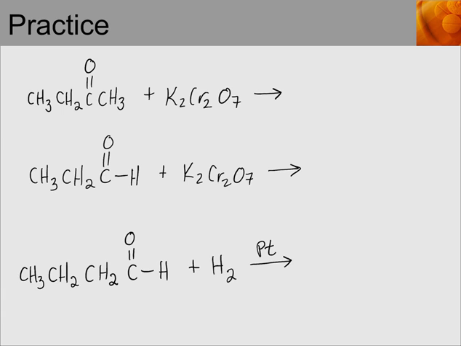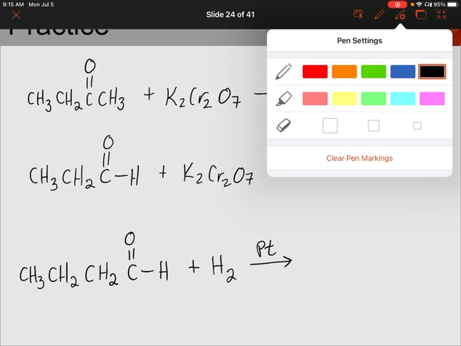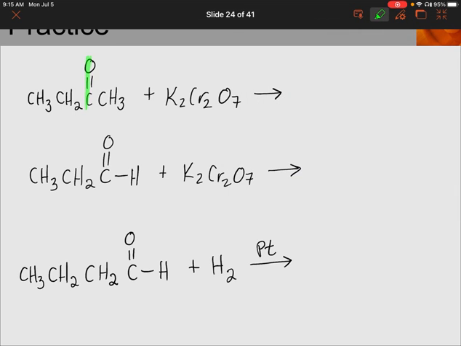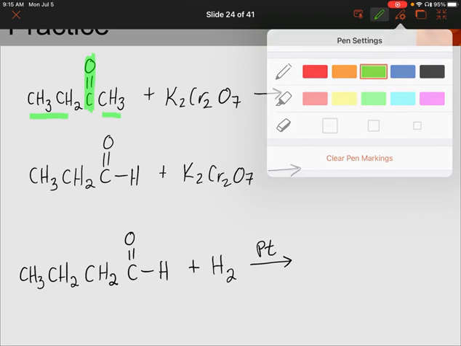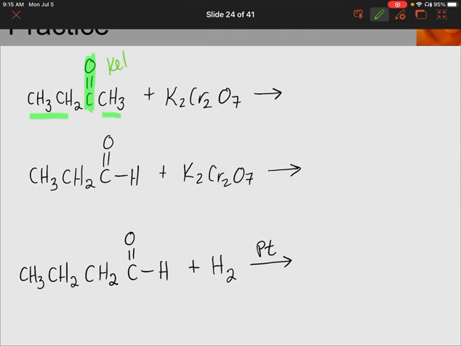Okay, let's start with the first problem. So first, let's figure out if our starting material is an aldehyde or a ketone. So it looks like our carbonyl group has two alkyl groups, one on each side. So that tells us that we have a ketone.